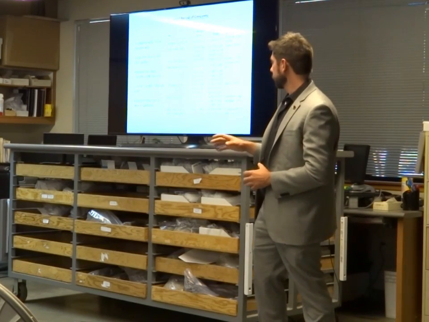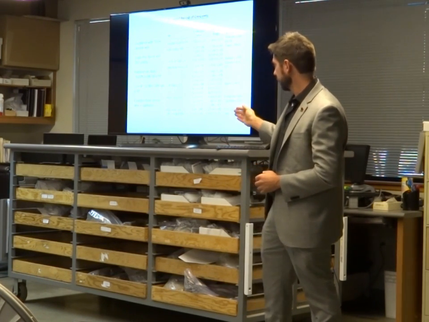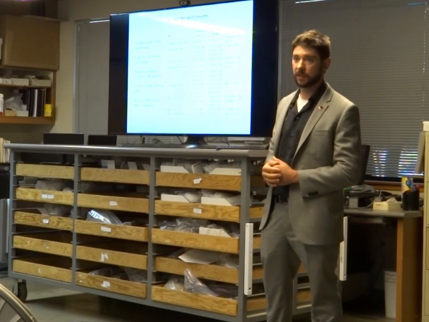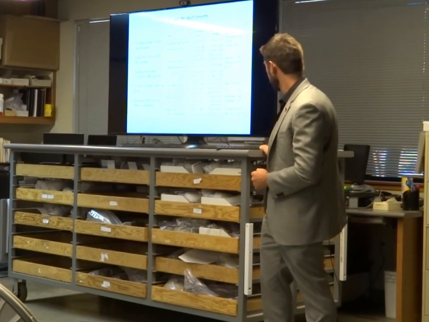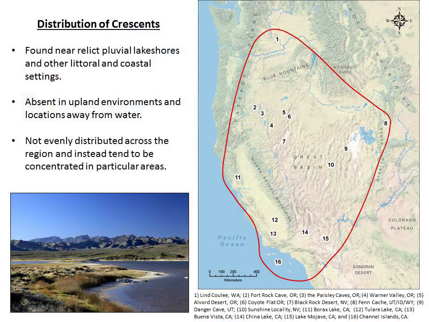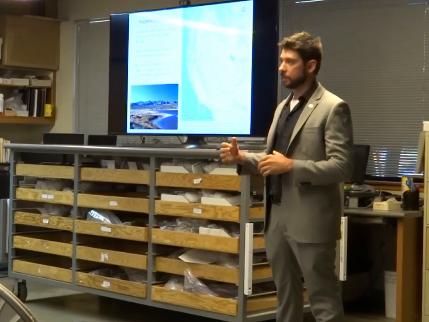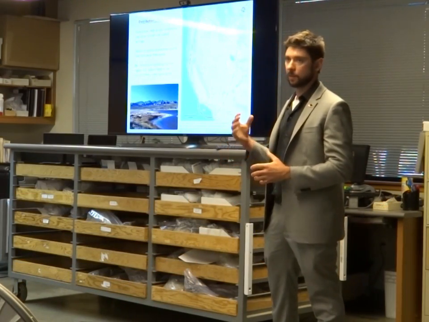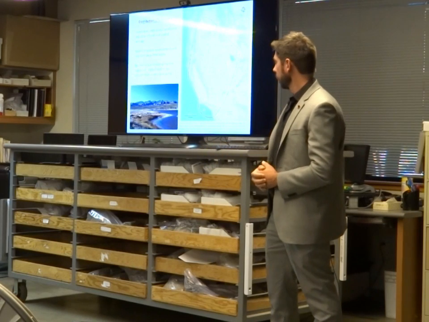But overall, they persist, especially the eccentric forms in California, to at least 7,000 years ago. They're commonly found near relic pluvial lakeshores and other littoral and coastal settings, and they're almost entirely absent in upland environments. And so it's pretty much a one-to-one correlation where if you have a whole bunch of crescents, there was a marsh or wetland or a lake there.